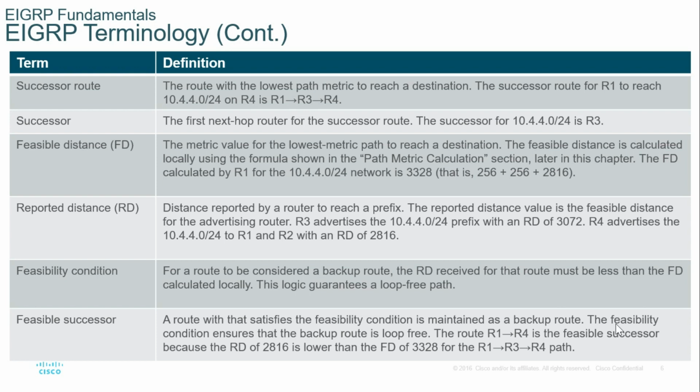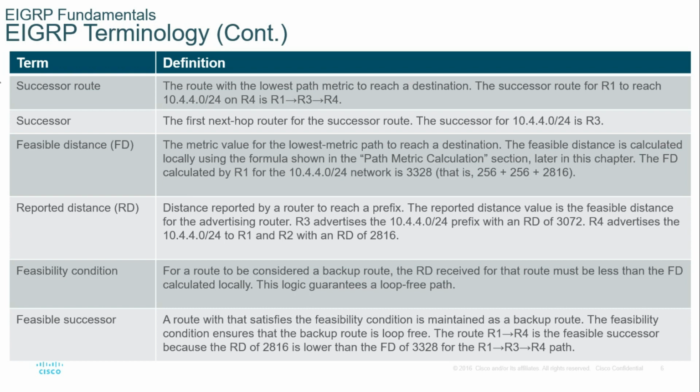Okay, so the feasibility condition ensures that the backup route is loop free. Like I said just now, we don't want to end up passing to the same path that cannot be used. So the route R1, R4 is the feasible successor because the reported distance of 2816 is lower than the feasible distance of 3328 for the R1, R3 and R4 path.